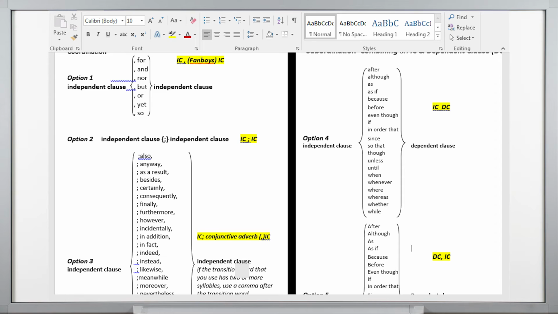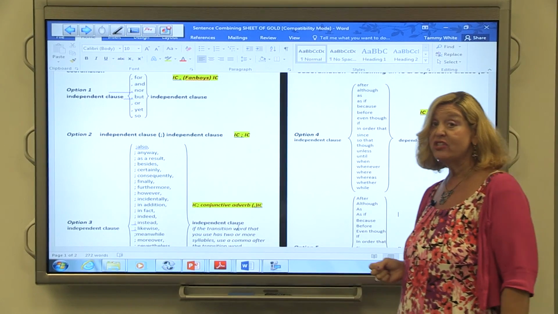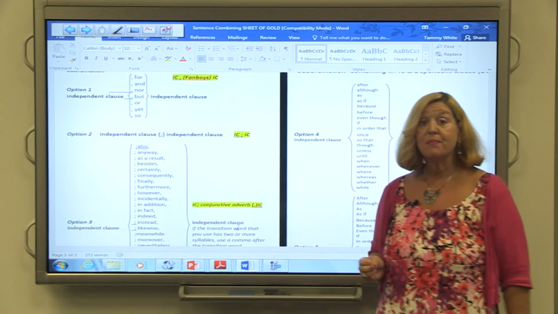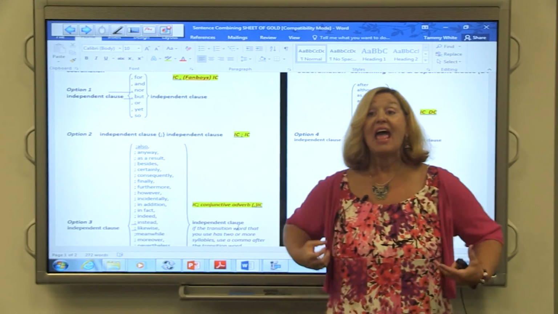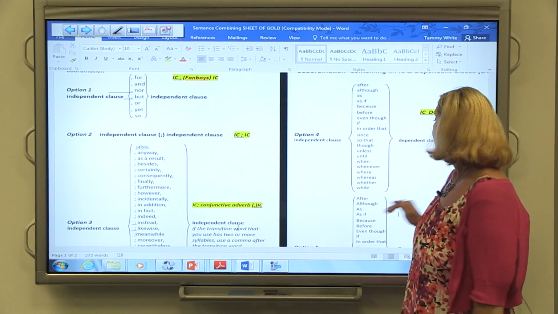Because he was hungry, comma, he had a snack. If I turn it around and I put that dependent word in the middle, I don't need the comma. He had a snack because he was hungry. So, subordinating conjunctions, you don't need to worry about that term. Just know what my independent and dependent clauses are, and then all you have to do is choose the right punctuation mark.